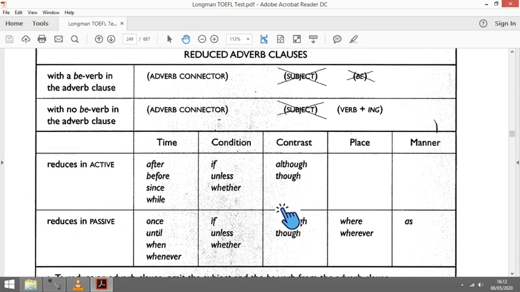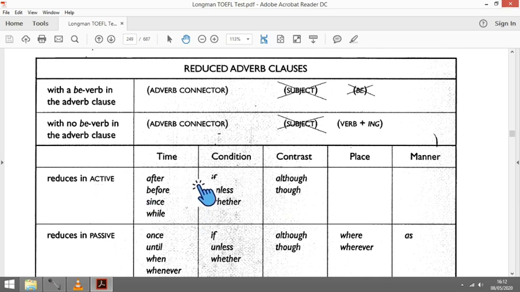For example, to reduce an adverb clause there are two ways. First, the adverb connector still exists, the subject is reduced, and the verb be, is, are or was, is reduced. Second, the adverb connector still exists or remains, the subject is reduced, and the verb is changed to the -ing form. The adverb clauses include time, condition, contrast, place, and manner.